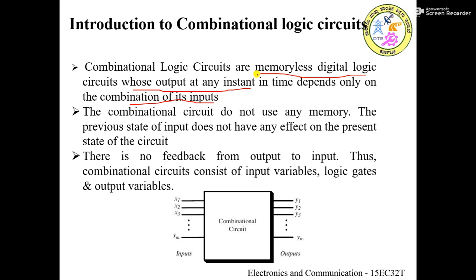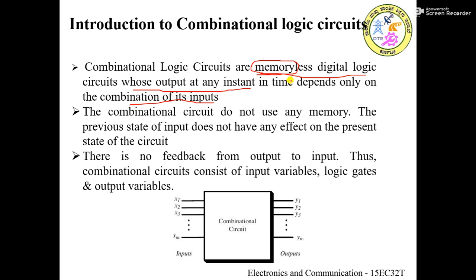Here, there is a term called memory. Suppose you consider the example of human beings, if he wants to remember the previous history, or some events that have happened in his earlier life, obviously that event has to be stored somewhere in his memory. The memory is analogous to your human brain.